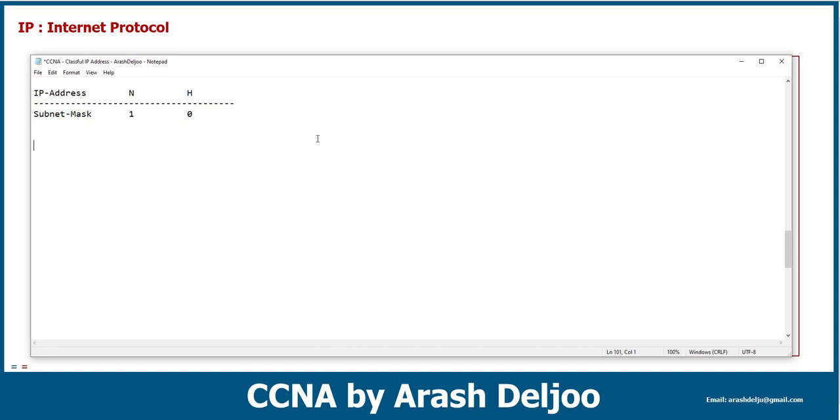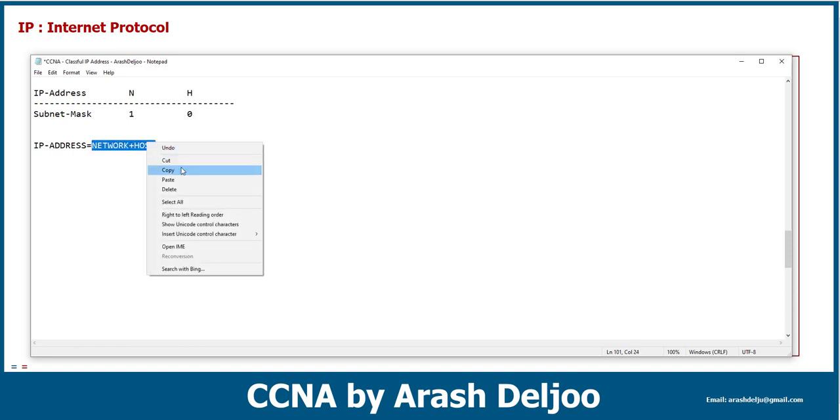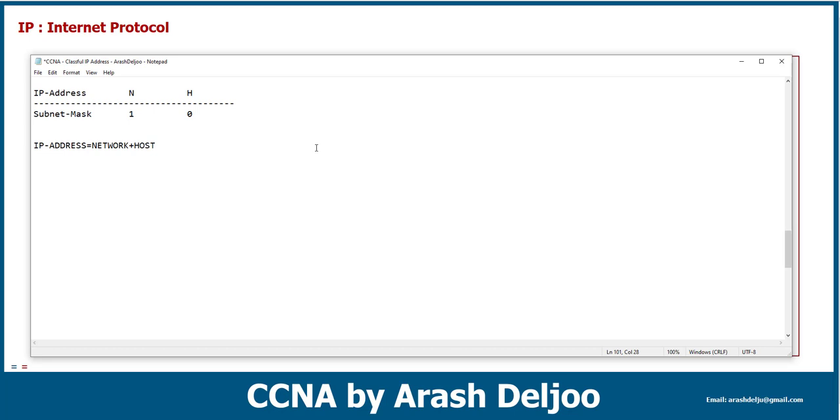And also you know that in an IP address we have 2 parts: network, and then host. And we can't use one IP address, for example, with this format. Look at here: network, then host, then again network, again host.